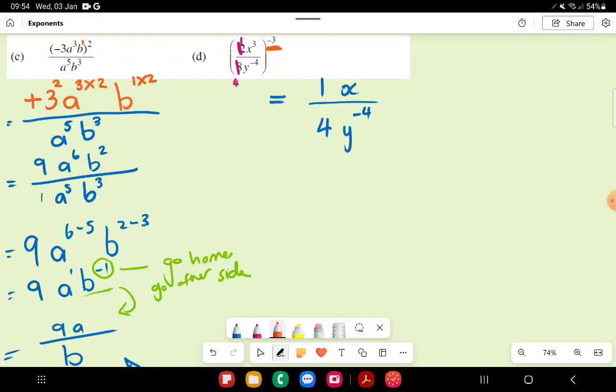And what I'm doing with this orange exponent is I am raising everything to that exponent. Sorry, it was x cubed. So it's 3 times negative 3. And it is 4 to the power of negative 3. 1 to the power of negative 3. 4 minus 4 times minus 3.